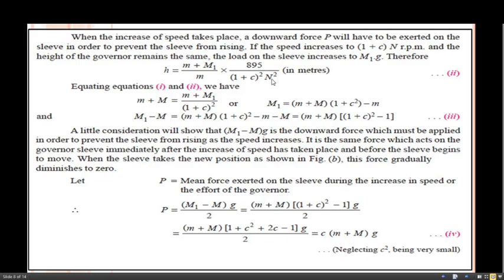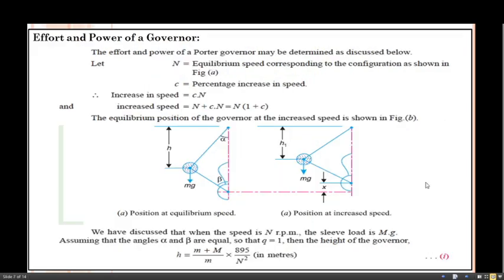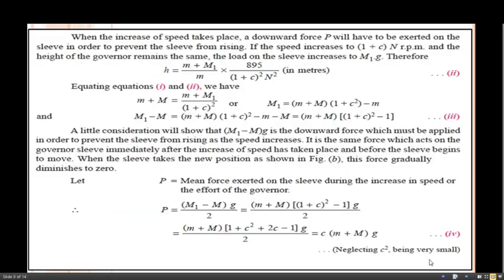Now equating equation number 1 and equation number 2, what do we get here? (m plus capital M) equals (m plus this M1) divided by (1 plus c) whole bracket term, which remains.